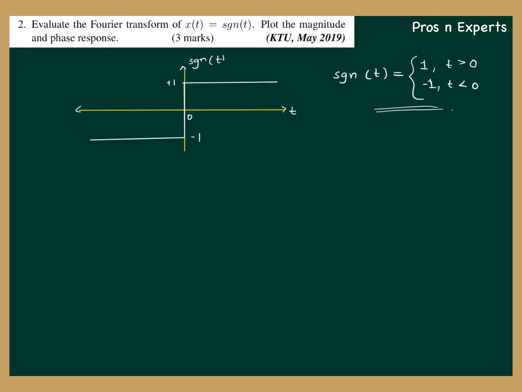Keeping these points in mind, let us try to solve this question to find the Fourier transform of x(t) equals signum of t. Like I said, you cannot use the expression for the Fourier transform to evaluate this signal, because the signal is of infinite duration but finite, a marginally stable signal.